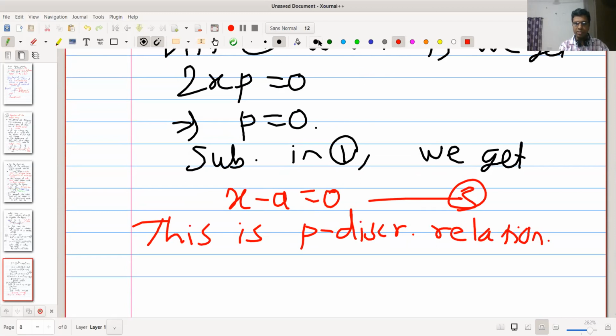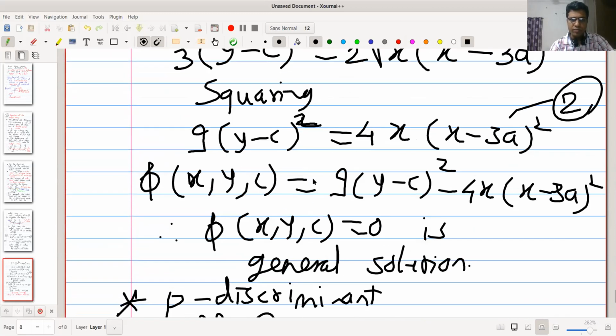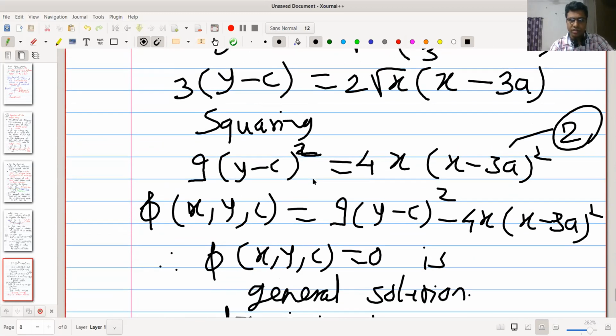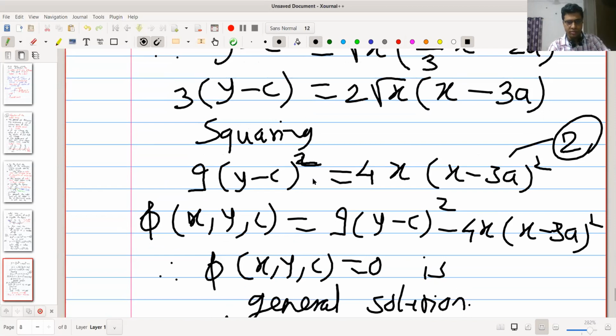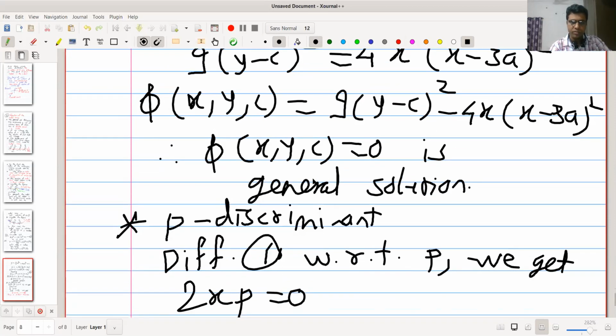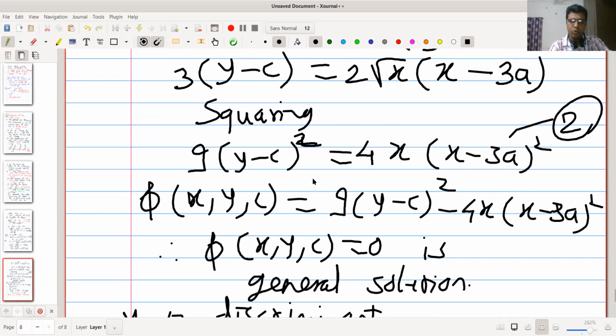Now we find the c discriminant relation. For the c discriminant, we have to differentiate the general solution 2 with respect to c. So it will be 18 into y minus c, and the right hand side doesn't contain c, so the equation is 18 y minus c equal to 0.